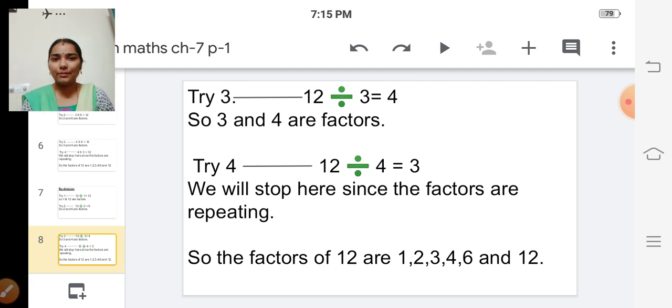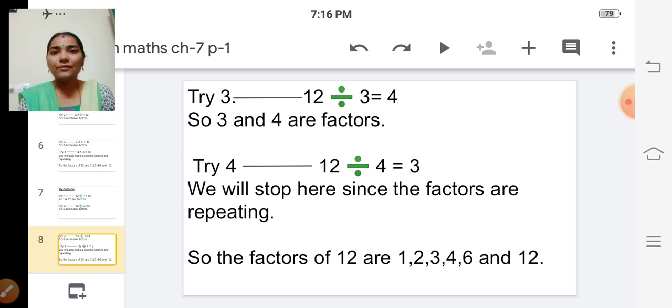If we do multiplication, then we have to go on by the multiplication table. If we do it by division, then we have to divide the given number by 1, 2, 3, 4 and so on. If the factors are repeating, then we shall stop the procedure and we can write the factors of the given number.